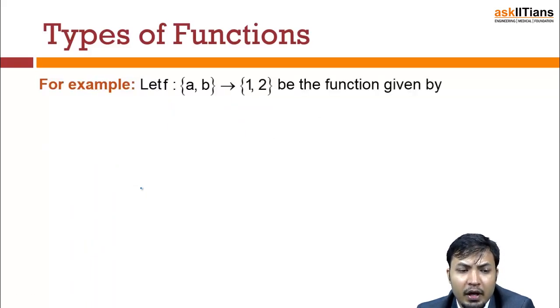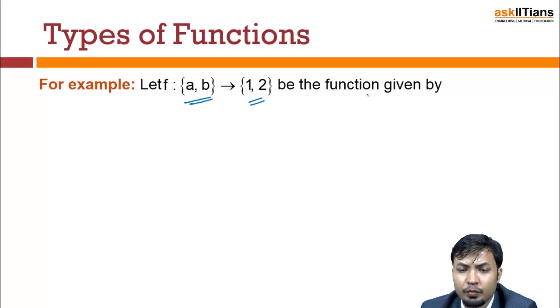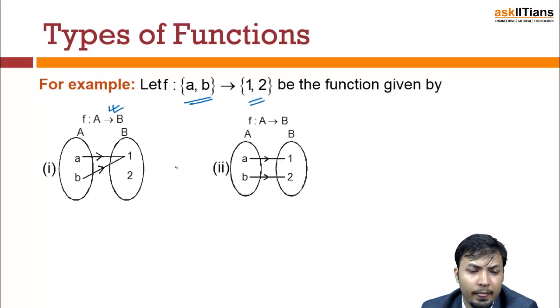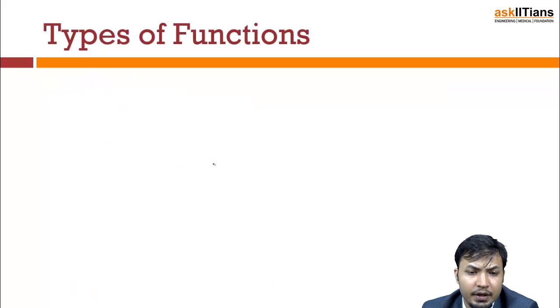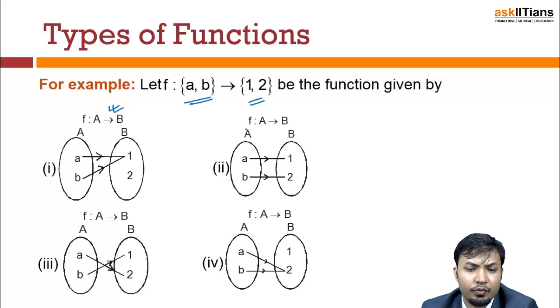Next, let's have a look at an example. Now let there be a function f from A to B, from 1 to 2, be the function given. Over here, let this be the plot. Now in this case, 2 and 3 are one-one functions. Let's look at the 2.